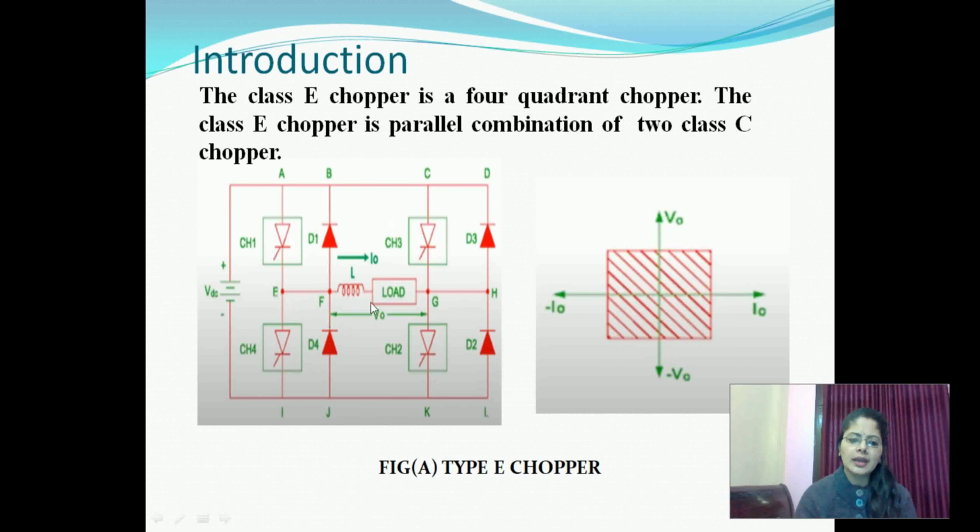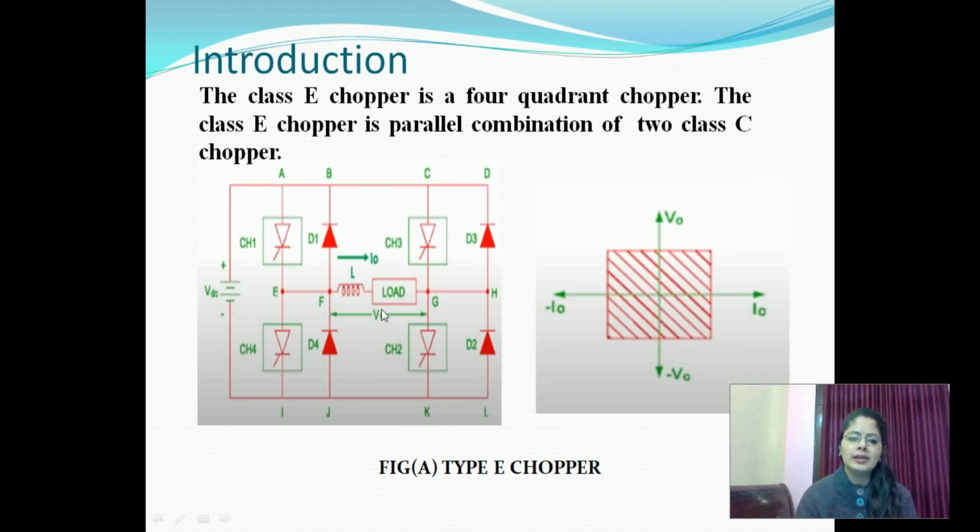This is the circuit diagram of a Class E chopper. Here we can see VDC, which is known as the supply voltage. That is chopper 1, chopper 2, chopper 3, and chopper 4. Basically, there are four choppers and four diodes, namely D1, D2, D3, and D4.